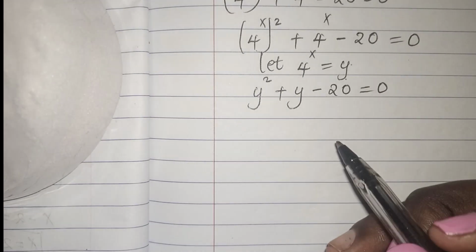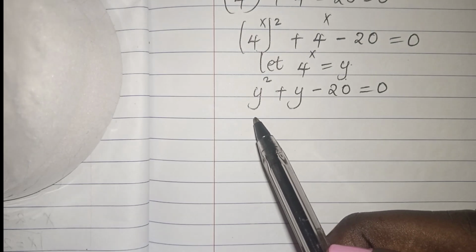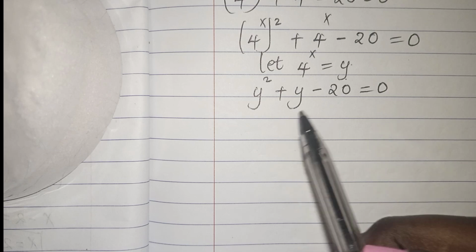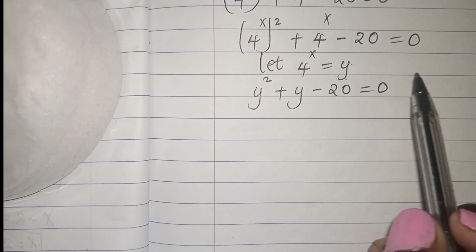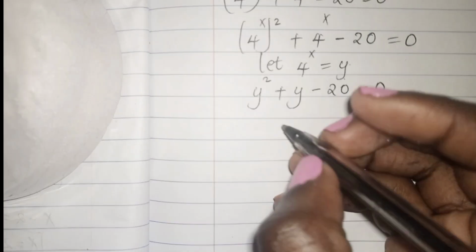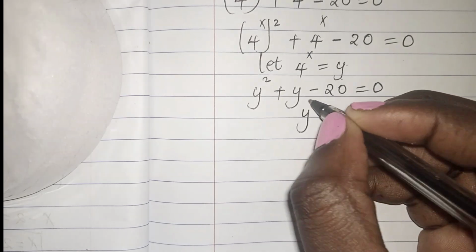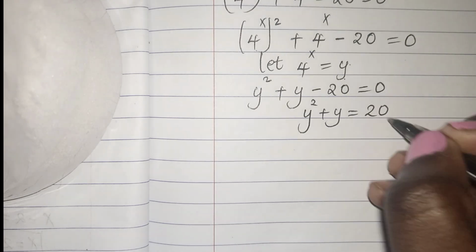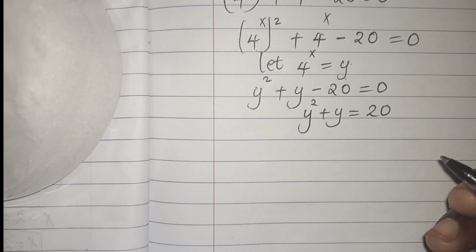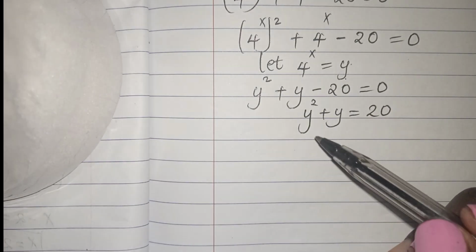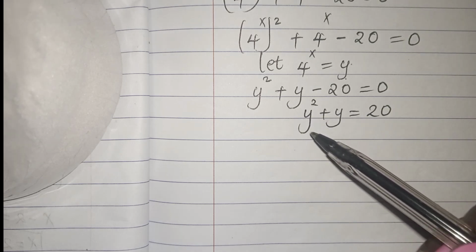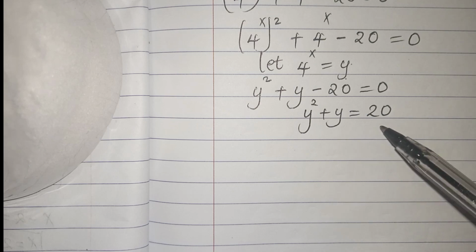So our first step, we are going to make sure the y variables should be on the left hand side. So we shall take this constant to our right hand side. So this will be y squared plus y is equals to 20, right? Our next step is to ensure the coefficient of y squared is always 1, just as in our case here.